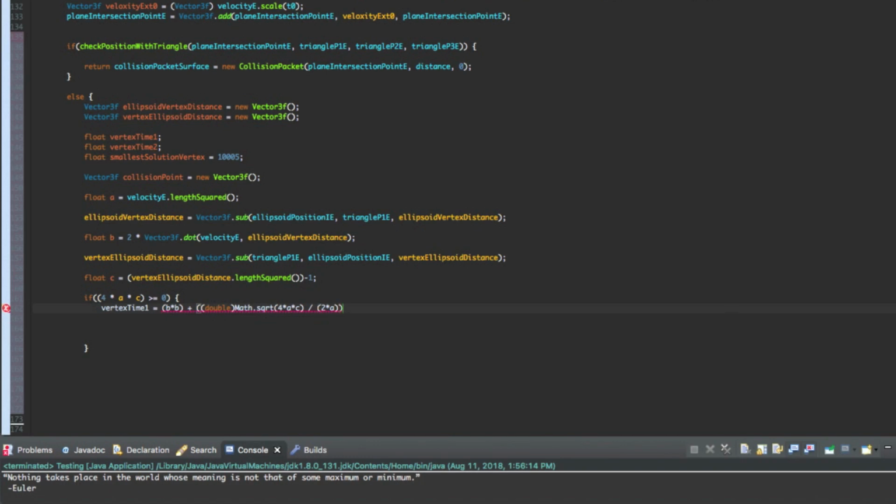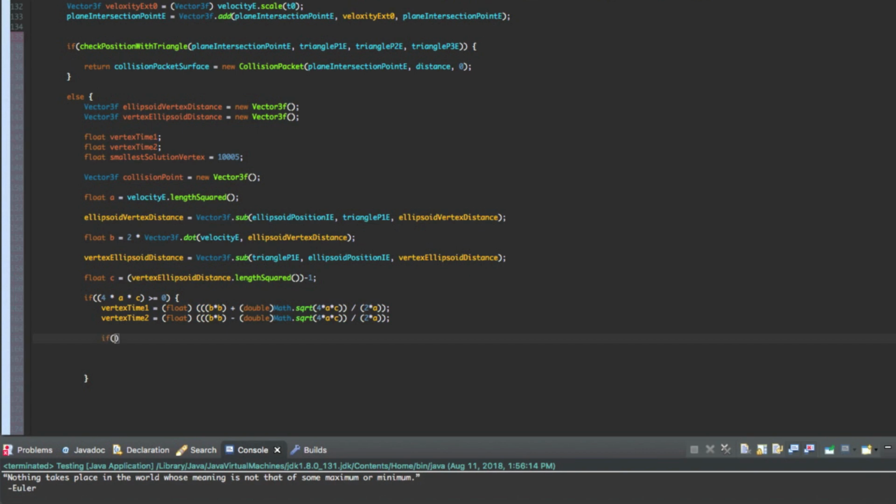And this is just the quadratic formula. And we will need to do this again for the vertex time 2, except just with a subtraction instead of the addition between the b term and the square root of the determinant. All right.